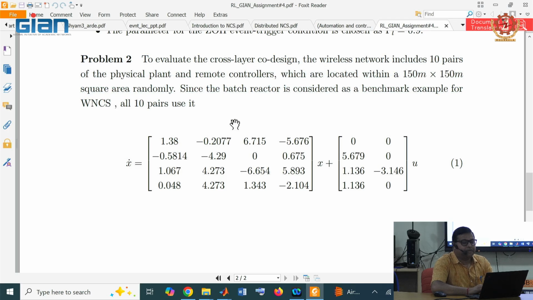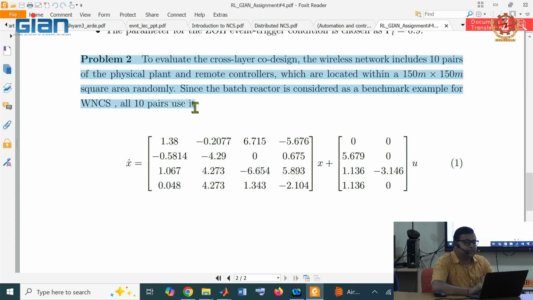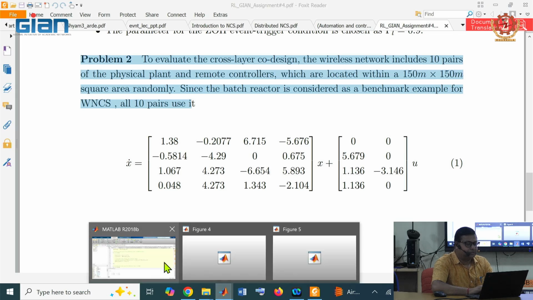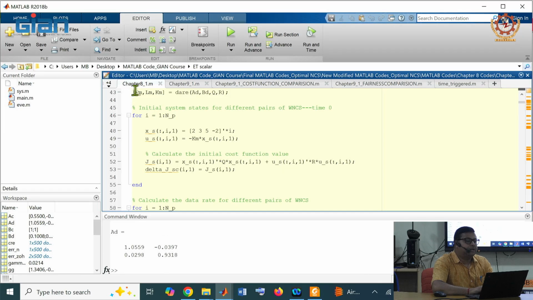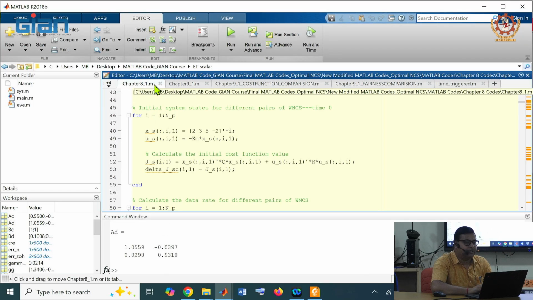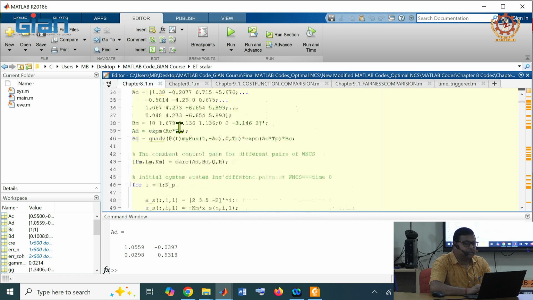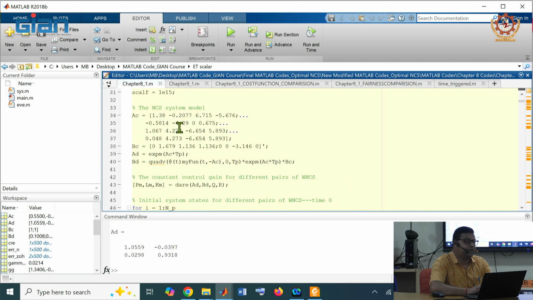The second problem has been changed, meaning the event triggering part. So for this problem 2 you now first focus. The problem 2 is related to chapter 8. You open that chapter 8 underscore 1.m file, and there you will find that we are dealing with a batch reactor system where the AC, BC matrix is defined.